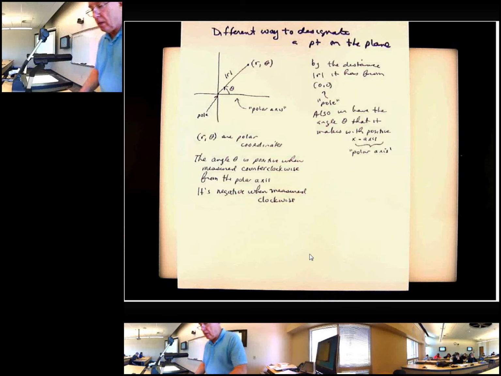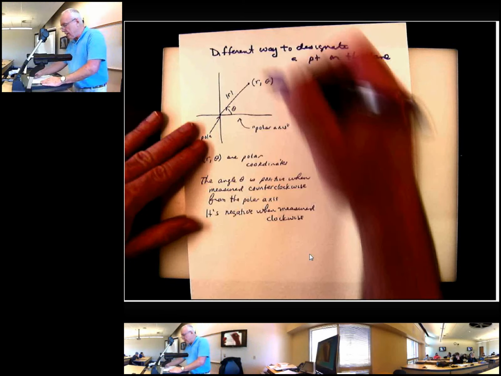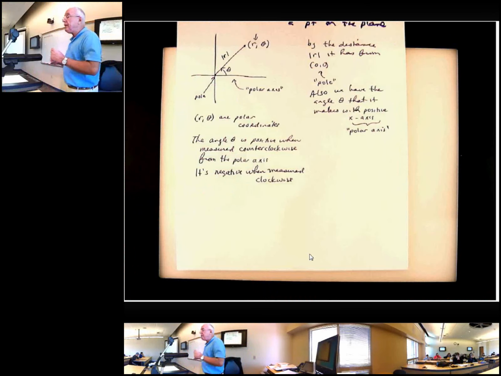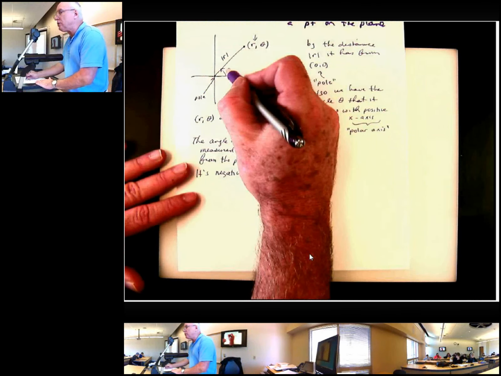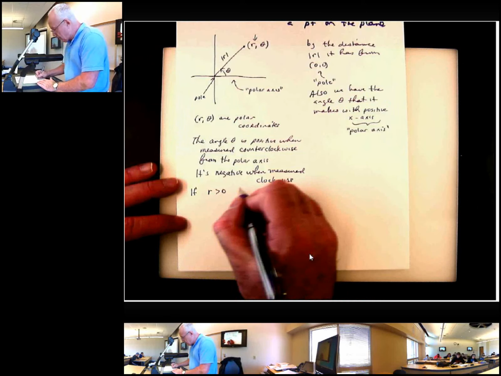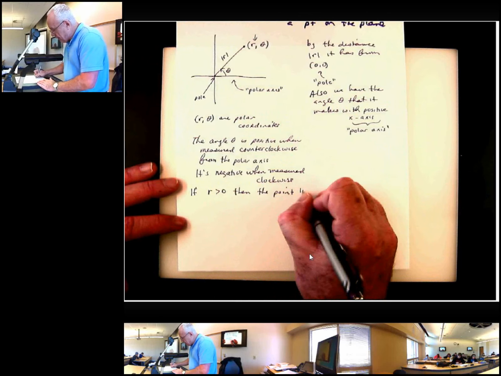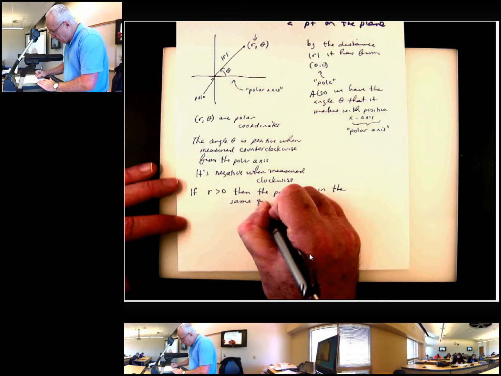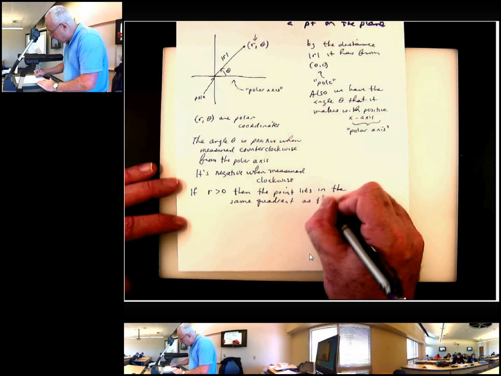Then this r here doesn't have to be a positive number. If r is bigger than 0, then the point lies in the same quadrant as the angle theta. We'll go through a couple of examples in just a second.